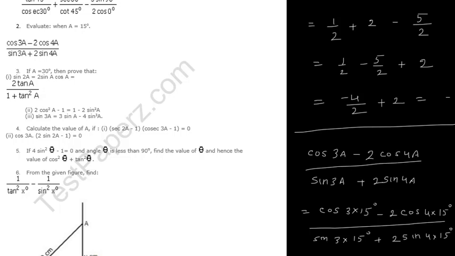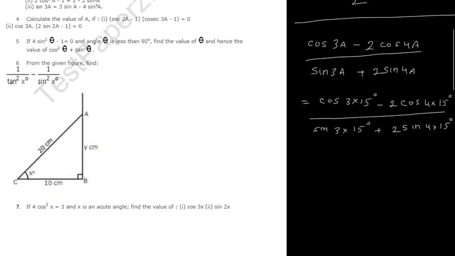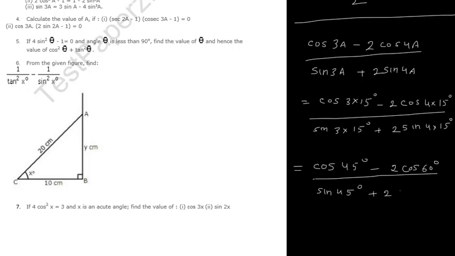So this is equal to cos 45 degree minus 2 cos 60 degree, whole divided by sin 45 degree plus 2 sin 60 degree.